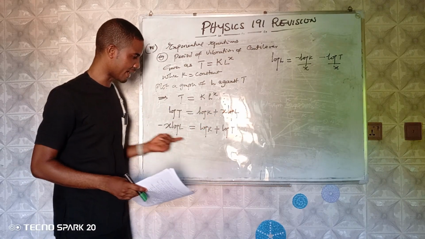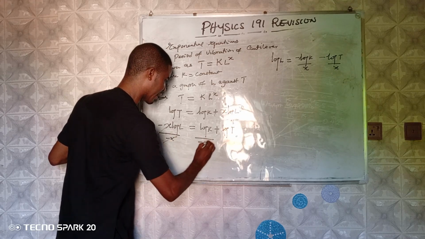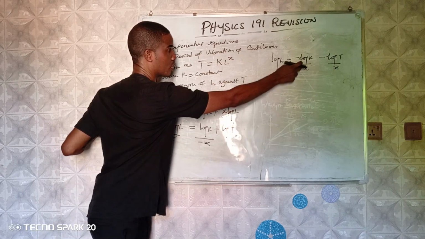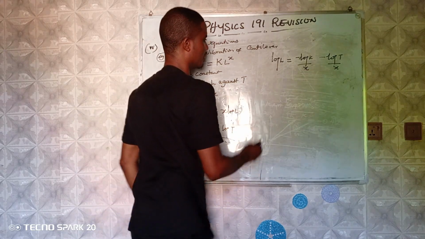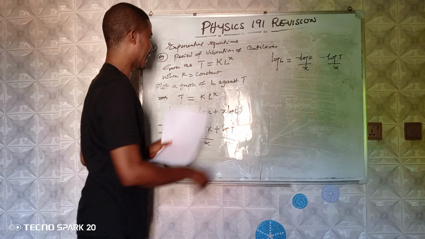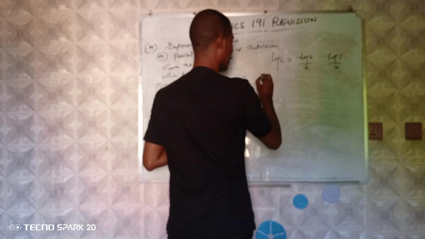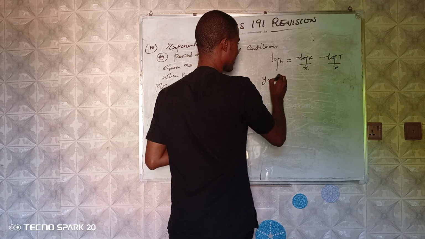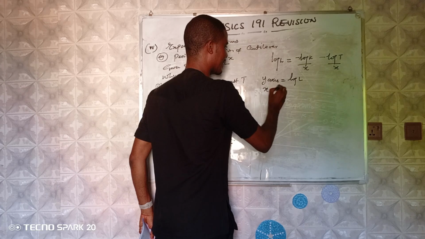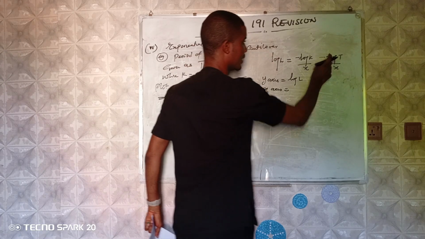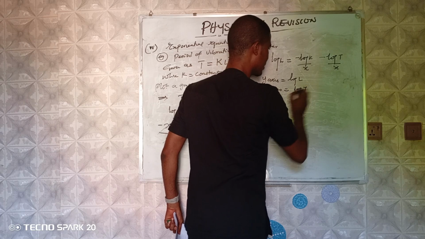I'm dividing both sides by minus x. That is, if I do this minus x, it cancels this over minus x. The minus goes up to look like this. So, since we are plotting a graph of L against t, my y-axis becomes log L, and my x-axis becomes log t.